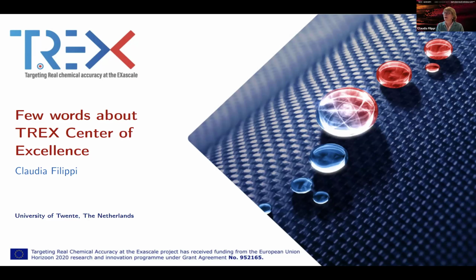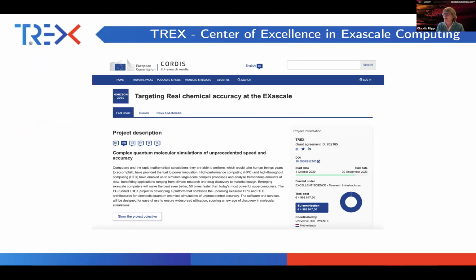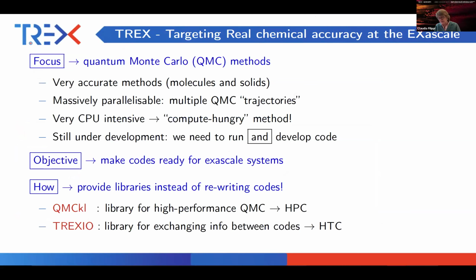I will say a few words about a Center of Excellence. A Center of Excellence is a large project. For us, it was supported by the European Commission under Framework 2020. There are various Centers of Excellence focused on different applications, and the idea is to bring the codes and also the related community to be able to effectively exploit the new large machines which are being built in Europe.